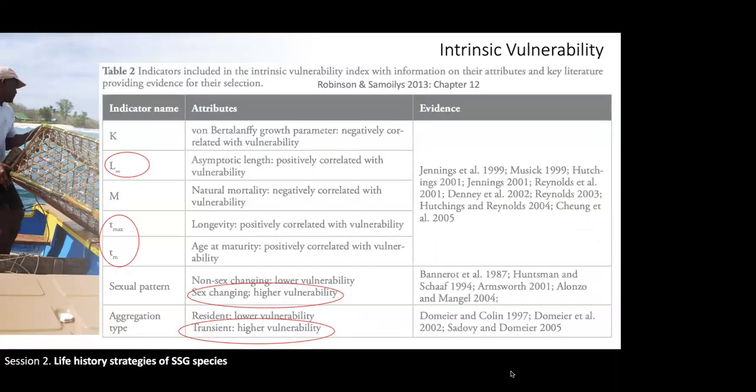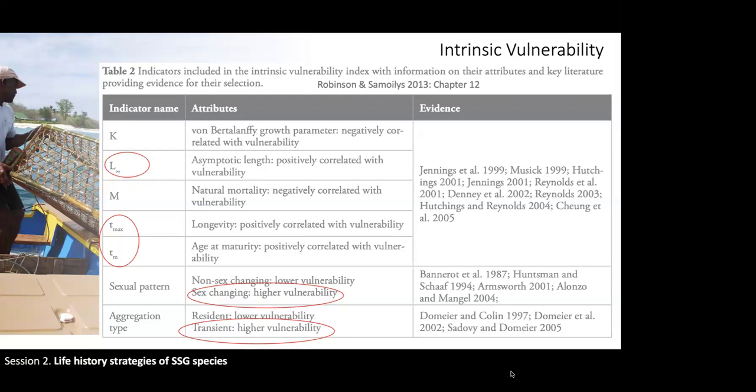So here are the intrinsic vulnerability indices that we used in the Eastern African research example. For example, at the top, rapid growth means you're less vulnerable. That's typical in rabbitfishes. Maximum length, generally the larger the fish grow, the more vulnerable they are, but it's not always the case. High natural mortality means less vulnerable.